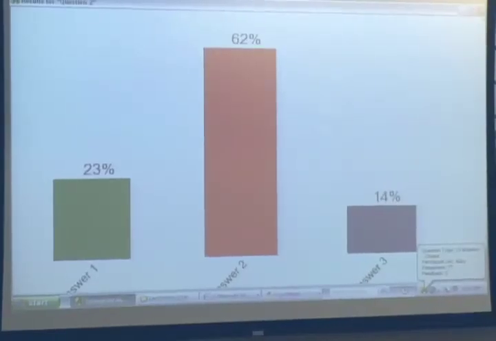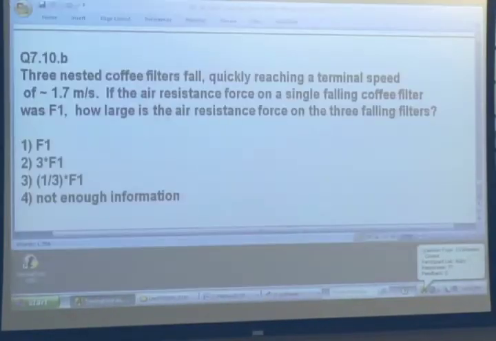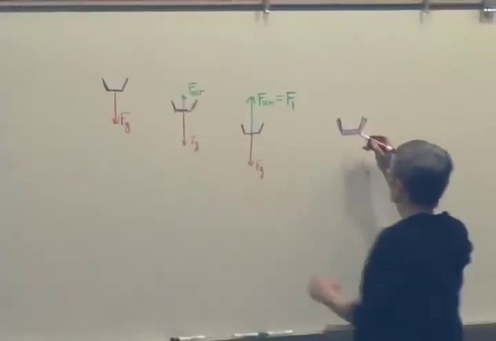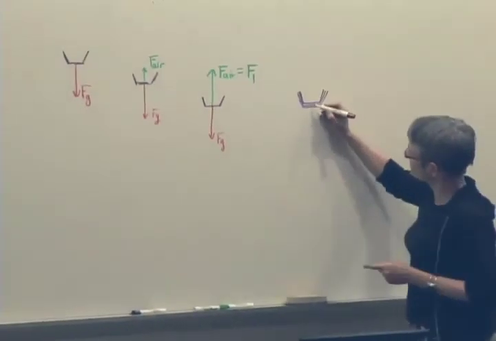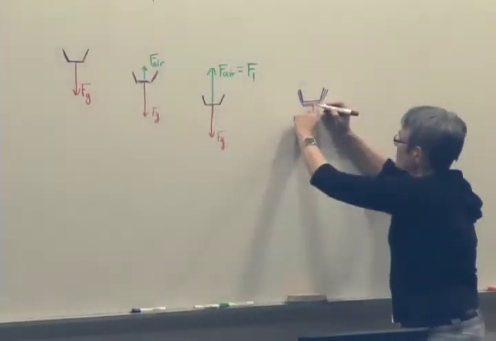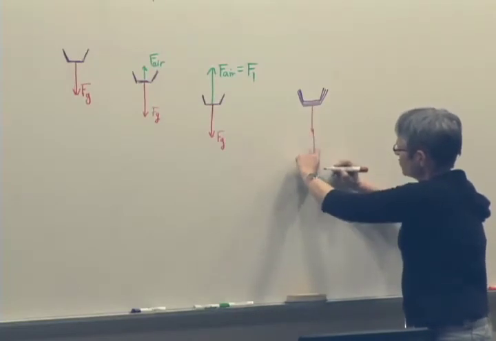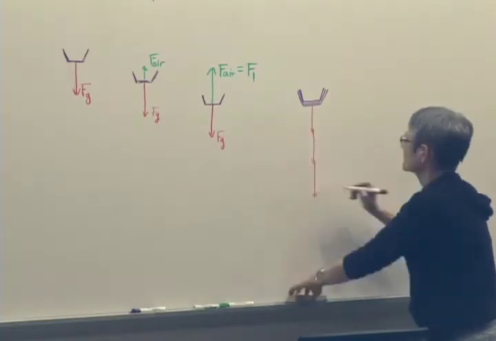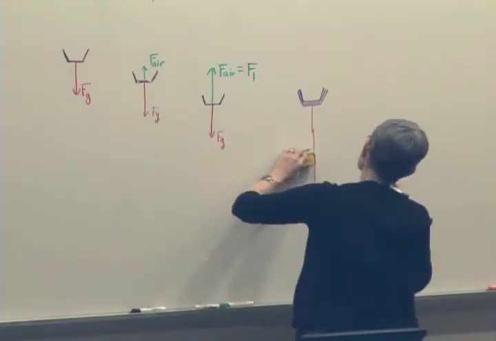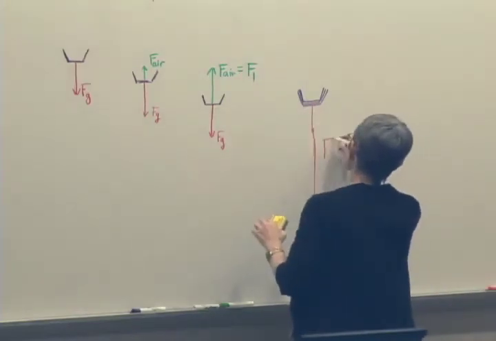Okay, well, the most popular answer is that the air resistance force on the 3 falling coffee filters is 3 times as large. That's correct, and your reasoning is probably something like this. Well, the gravitational force on this nest of 3 coffee filters is going to be 3 times as big as it was on 1, so that's the gravitational force.